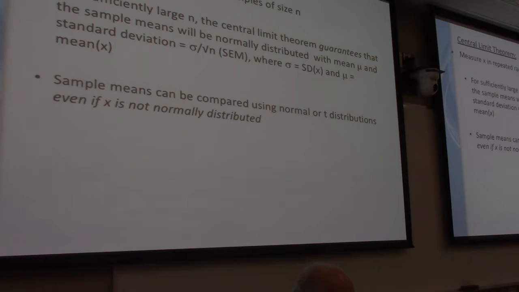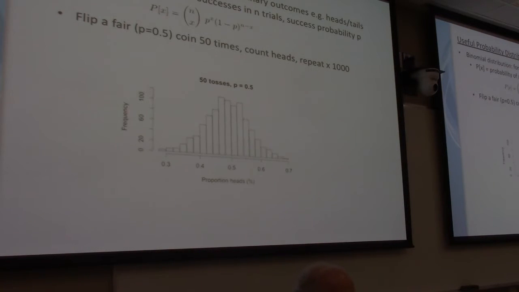And so because they're normally distributed, I can use all the magical properties of the normal distribution or the t distribution to make statistical inferences, to calculate p-values, to calculate standard errors, to calculate confidence intervals. And I can do all of that even if x is not normally distributed. And I showed you an example where the binomial distribution is highly non-normal. This is a 2-parameter distribution.